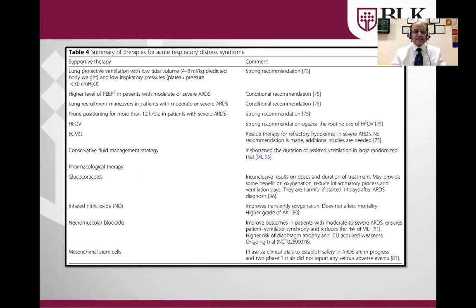So some of the therapy that has been tried, this is a synopsis: lung protective ventilation strategy, strong recommendation; high level of PEEP in moderate to severe ARDS, conditional recommendation; lung recruitment, conditional; prone positioning, strong recommendation; HFOV, strong recommendation against its use; ECMO, rescue therapy. Then we have conservative fluid management, then pharmacological: glucocorticoids, inhaled nitric oxide, neuromuscular blockade, etc. So all with conflicting data.